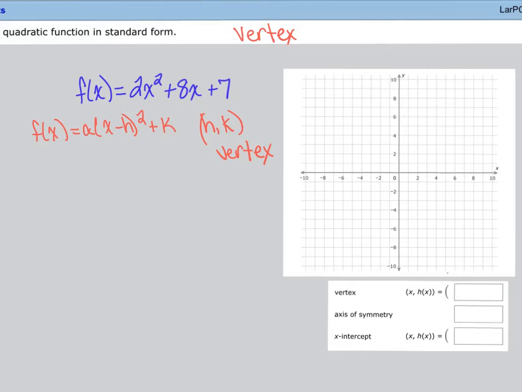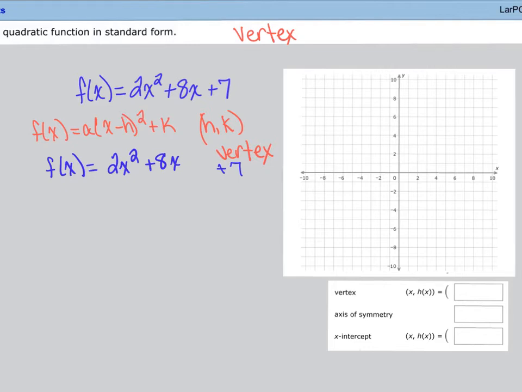I have f of x equals 2x squared plus 8x. And then I'm going to move that plus 7 off to the side, so I am only going to deal with that x squared and my x portion.